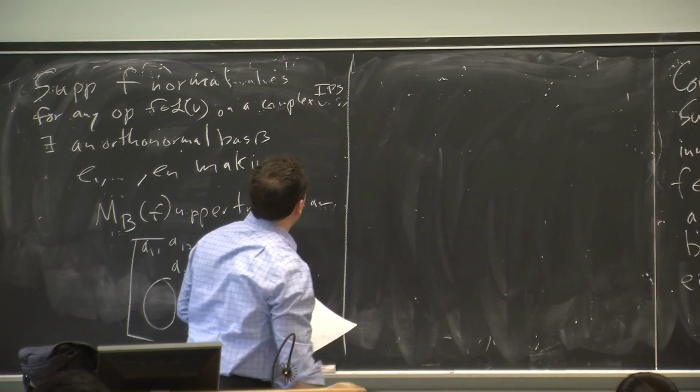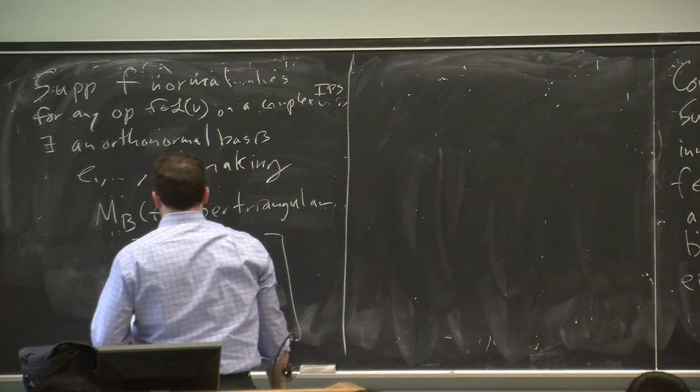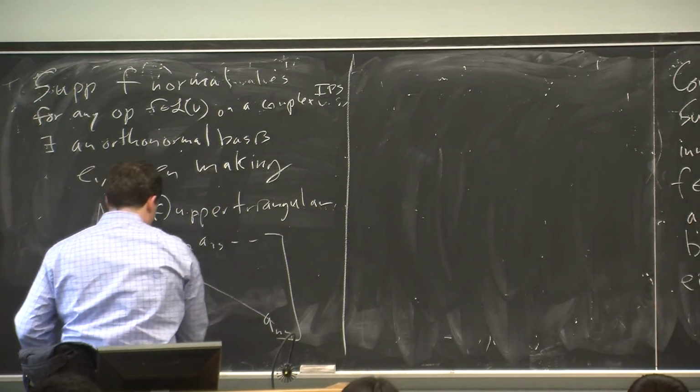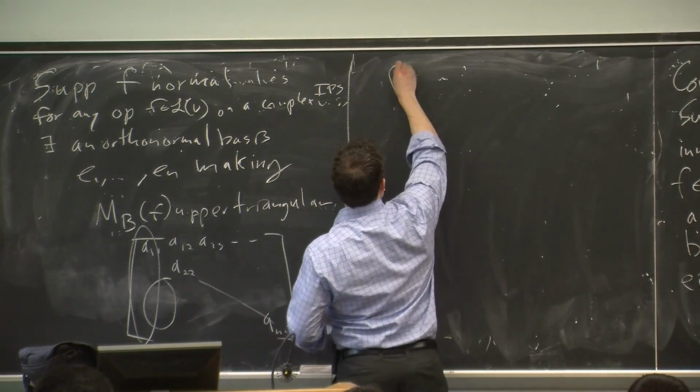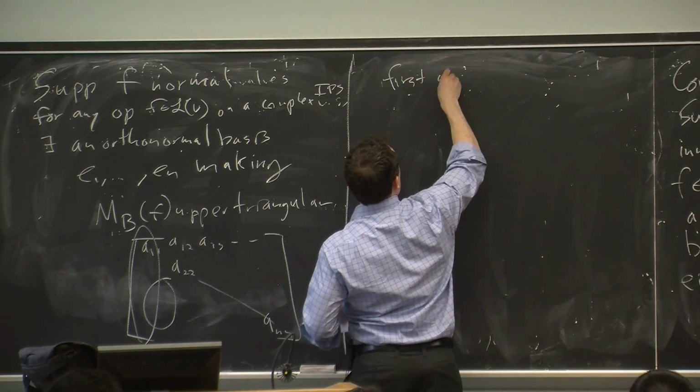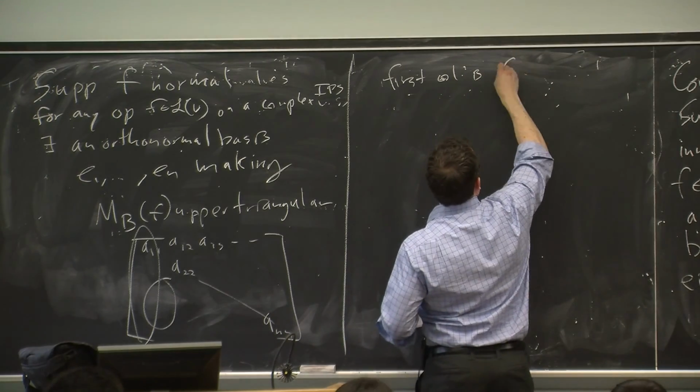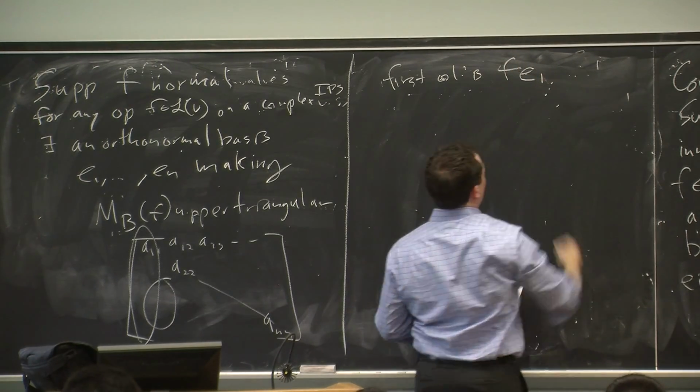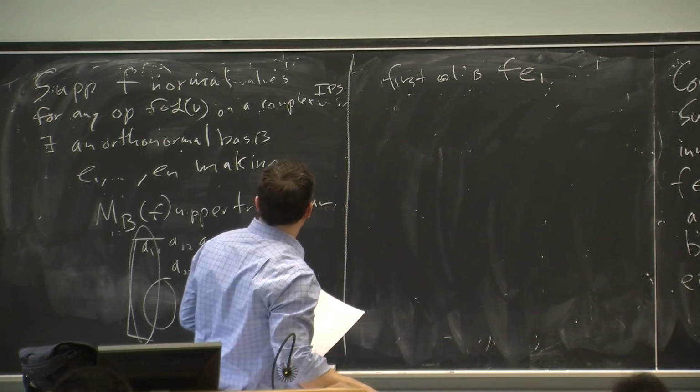So let's look at the columns of the matrix. So the first column of the matrix is the coefficients of F applied to the first basis element, E1.